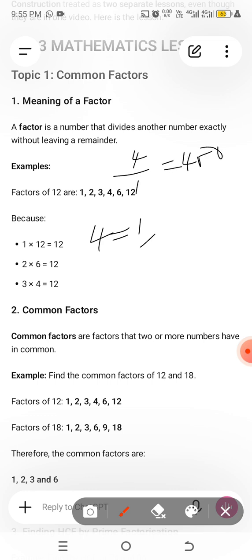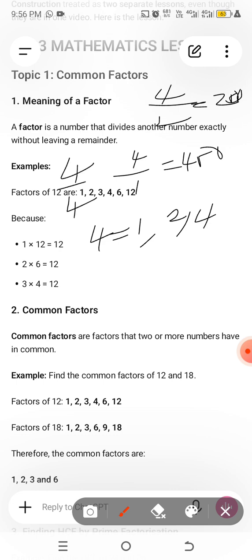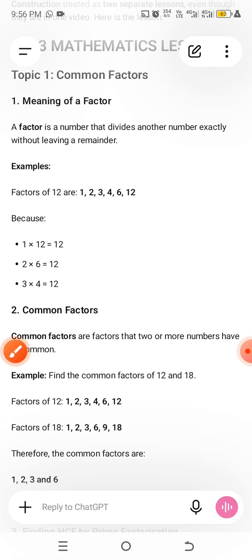Let's look at 2. 4 over 2 is equal to 2, remainder 0. Right? Let's look at 4 itself. 4 over 4 is equal to 1, remainder 0. Do you understand? So that's something about factors.